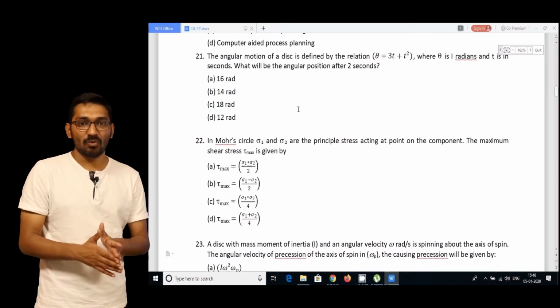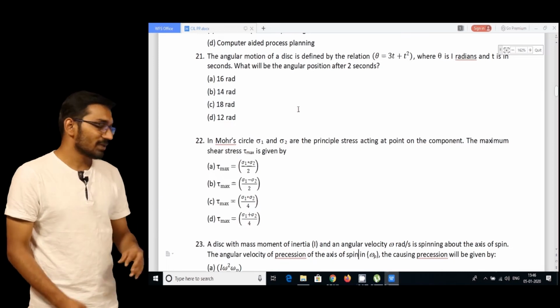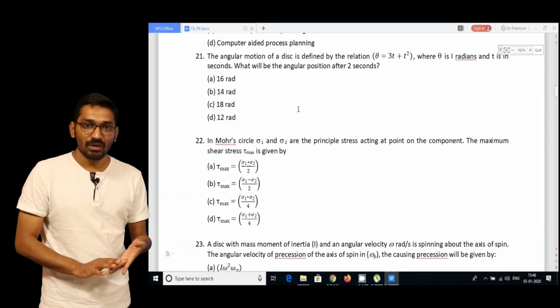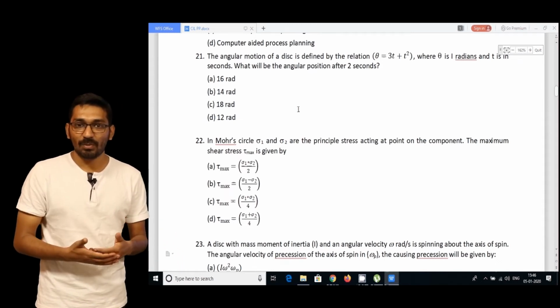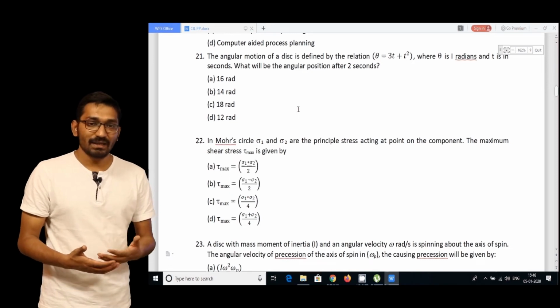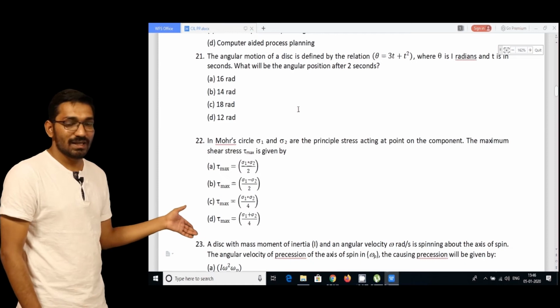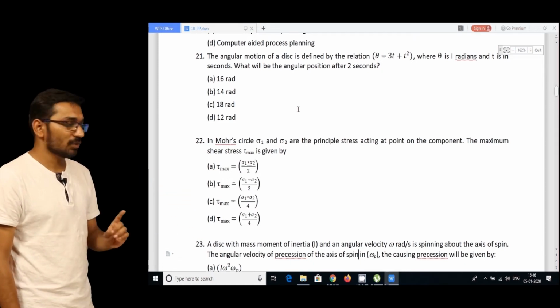It is the in plane tau max. Here it is saying what is the maximum shear stress tau max. Only option available is sigma 1 minus sigma 2 by 2. If students are confused whether we have to find the absolute tau max or the in plane tau max, after seeing this option it is very clear that he is asking about in plane tau max. So you have to choose sigma 1 minus sigma 2 by 2.